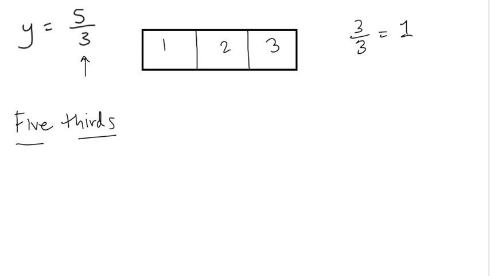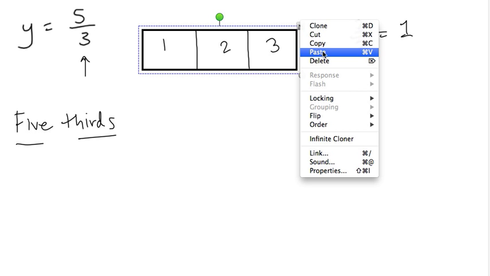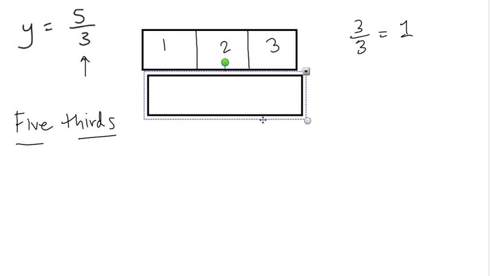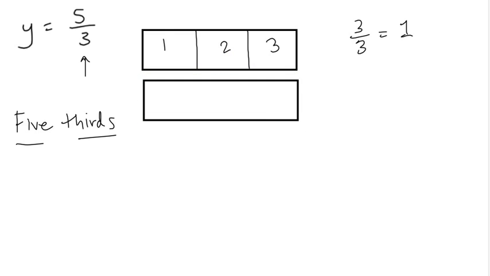But I need 5 thirds. There's 3, but I need 5 thirds. So I need 2 more thirds. 4, 5. There's 5 thirds. And let's color them in. 1, 2, 3, 4, 5 thirds.